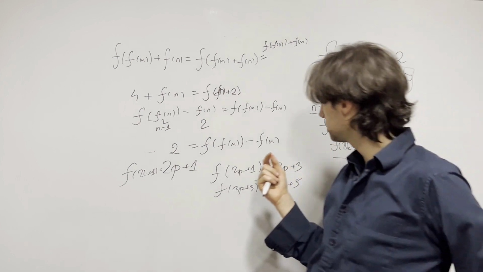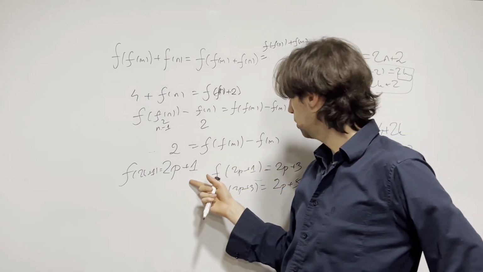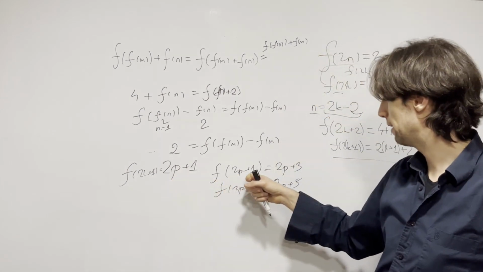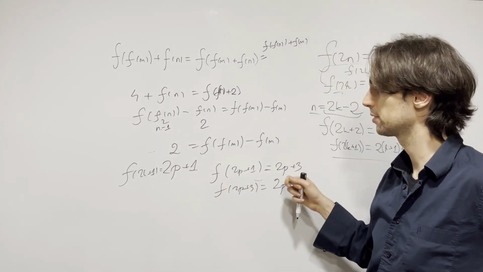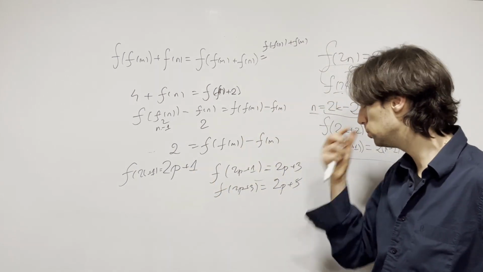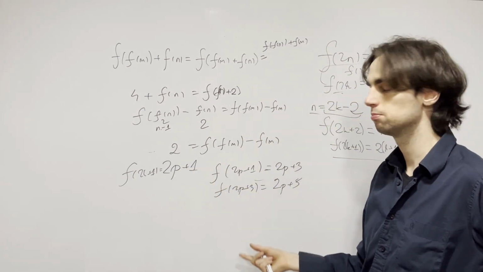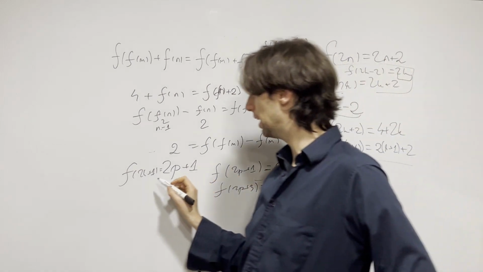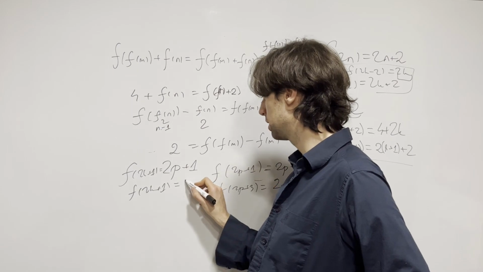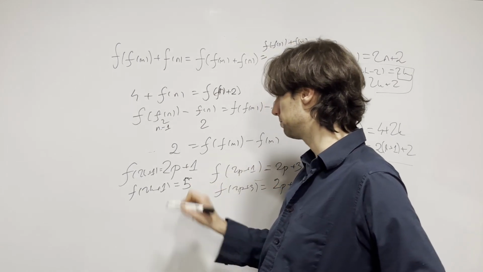Where p cannot be 0, because if p was 0, then we would have f of 1 is equal to 3. So other than that, p can be 1, 2, but say p was 2. What would that give us? That would give us that f of 2k plus 1 for some k is equal to 5.